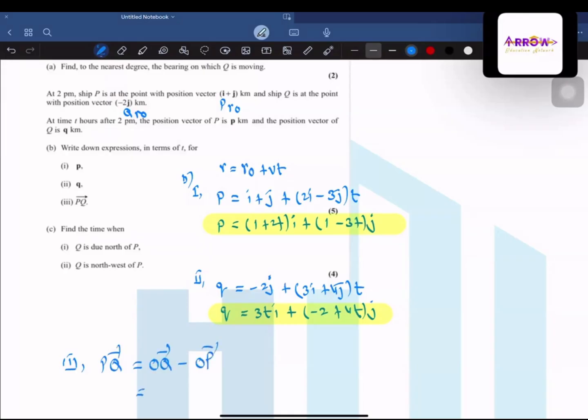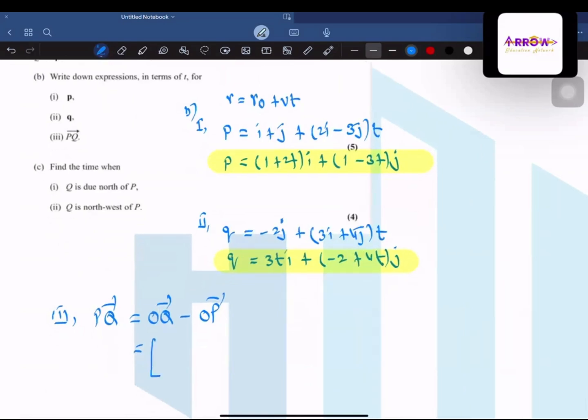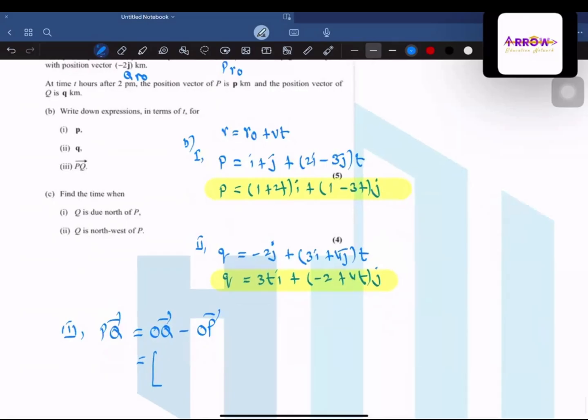All right. So what we can do is the working in column vector form as well. It's more comfortable to do the working in column vector. Sometimes I feel more comfortable working throughout with IJ, but I'm going to give my answer in terms of I and J, as I have mentioned. But working we can do in column vectors as well. So 3t, and for ship Q, the J component is minus 2 plus 4t.